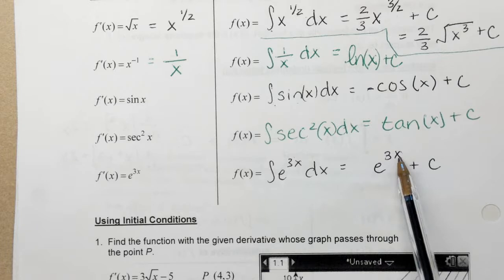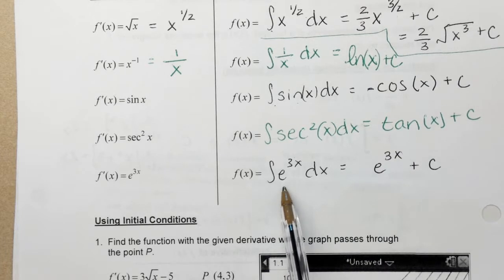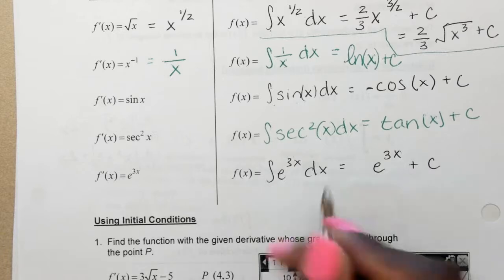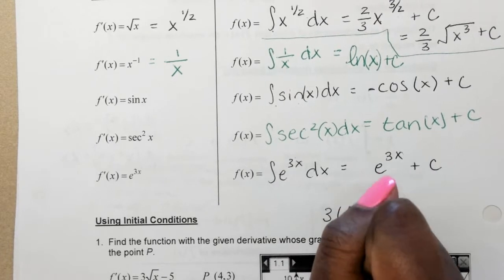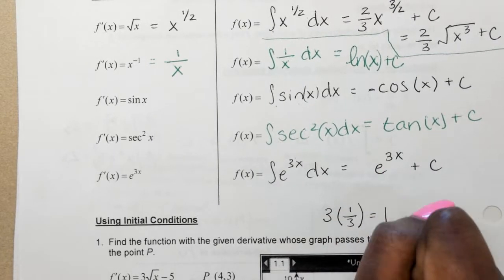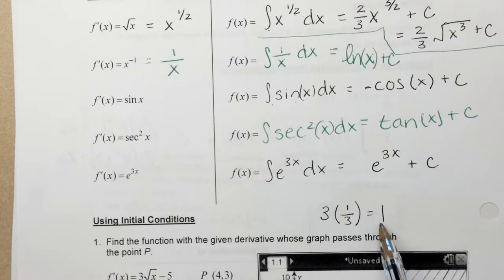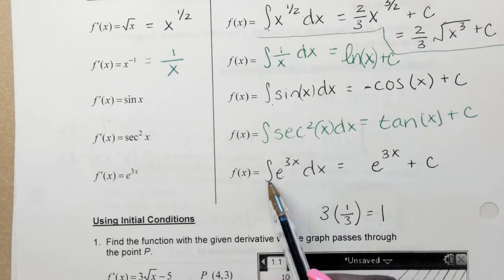E to the 3x, but we also want to take the derivative of 3x. So the derivative of 3x we know is 3. But if we look at our integrand, there's no 3 up front. So we need to find a way to get rid of that 3. If we take 3 and multiply it by 1/3, we just get 1, and we don't usually write a coefficient of 1.